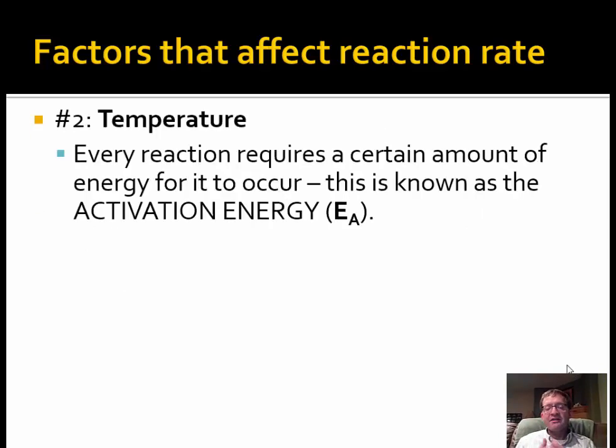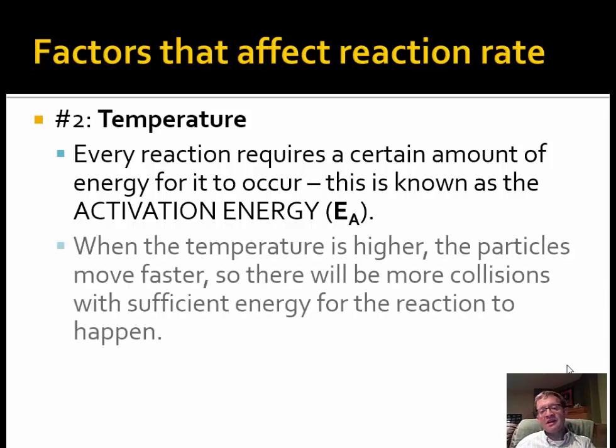The second factor is temperature. Well, this is a pretty logical one. Typically, people think about warming things to make a reaction go more quickly, and that's true of basically every reaction out there. Some reactions like to be cooled, but even those require some energy to get going, that activation energy. And so when we warm reactions with heat gently, or perhaps in some cases very heated, we can find that by adding more energy, more particles will have enough energy to clear that activation energy hurdle.